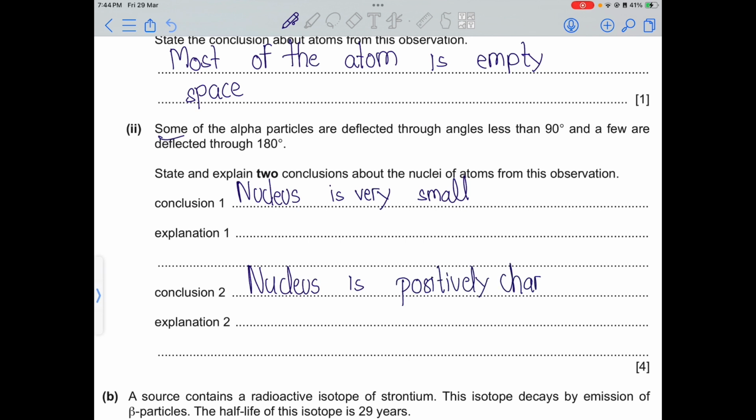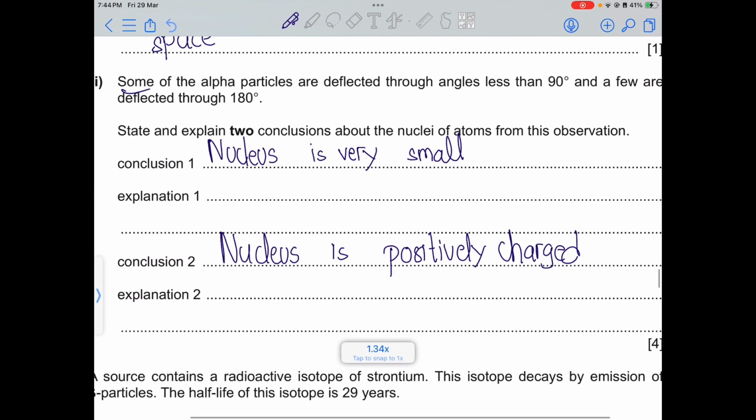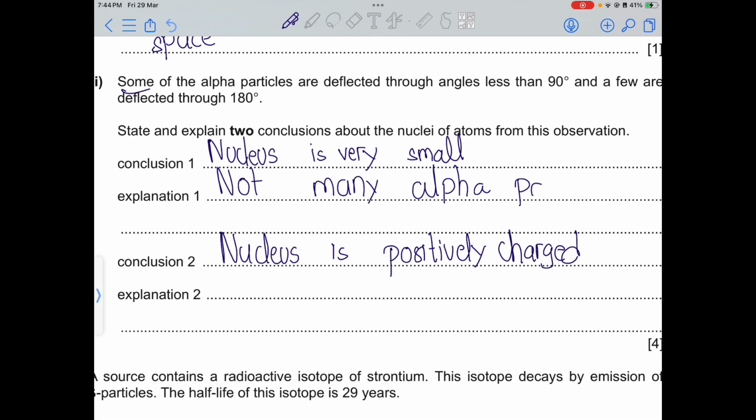What can I derive from the nucleus being very small? That not many alpha particles pass close to the nucleus.